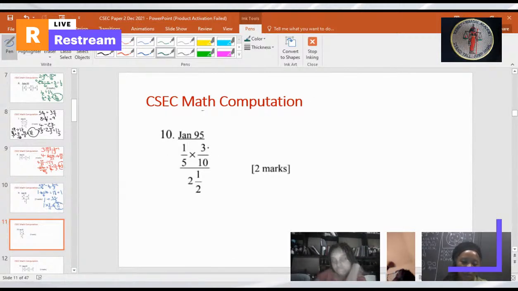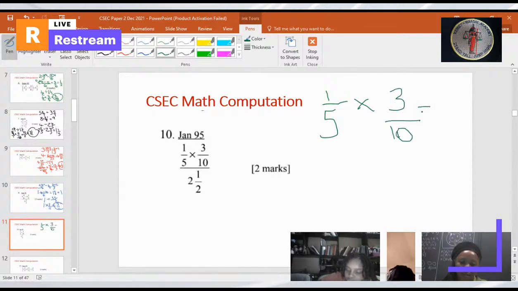So we're still going to work the numerator. 1 over 5 times 3 over 10. And that gives what? 3 over 50. 1 times 3 is 3 and 5 times 10 is 50.